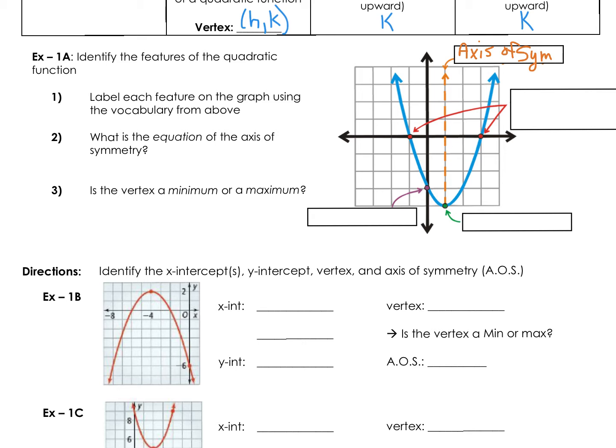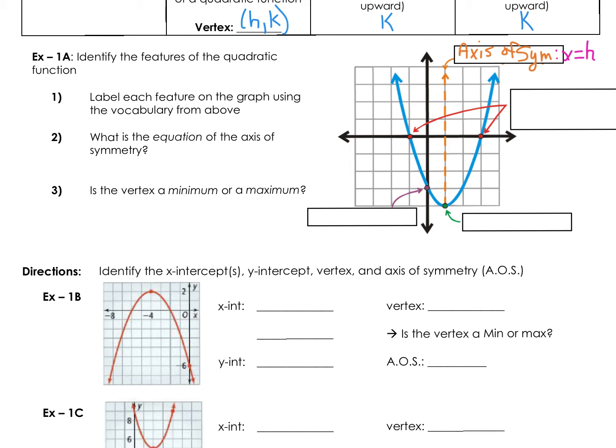And normally the axis of symmetry, in general, is going to be x equals h. So on this one, because number 2 asks for the axis of symmetry, on this specific parabola, it goes through the x-axis at 1. And if you think about it, this one right here is your vertex.